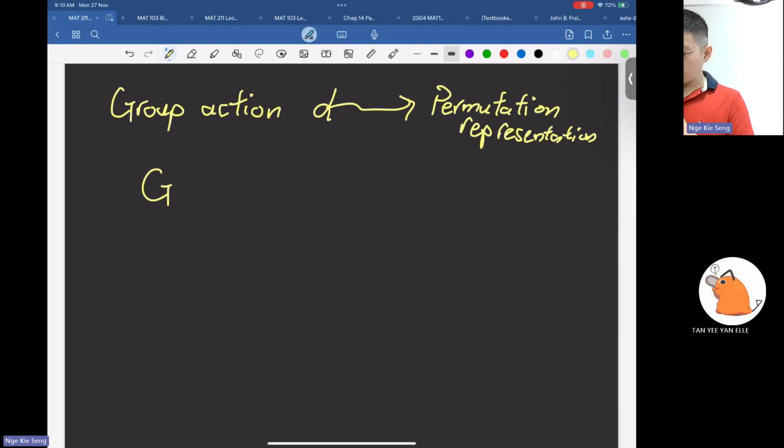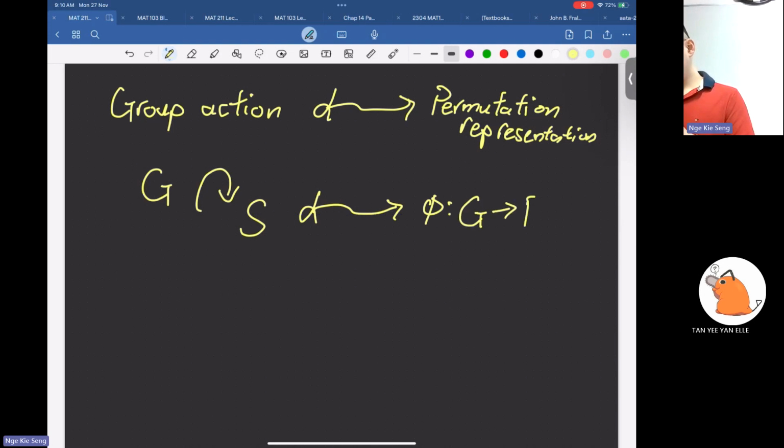So I have a group action here, and then I can define a homomorphism from a group to the permutations of a set. So here G is a group and S is a set.